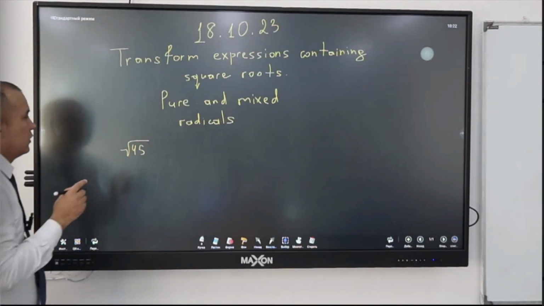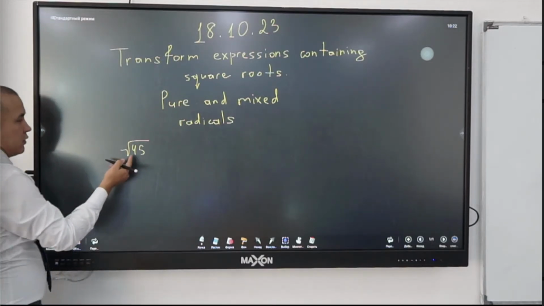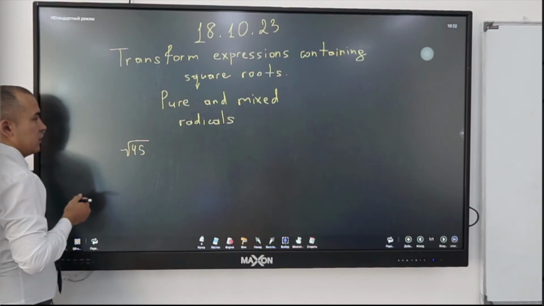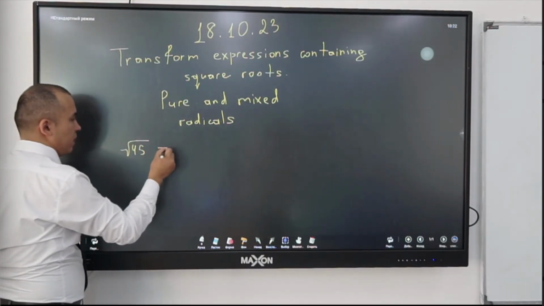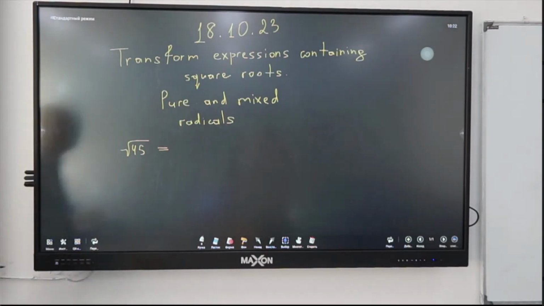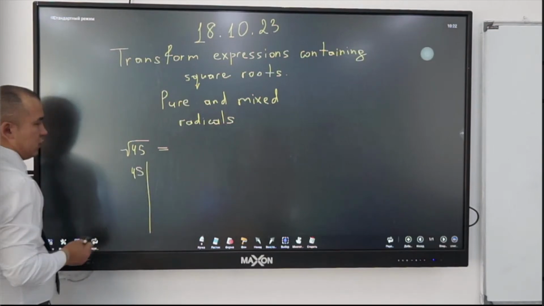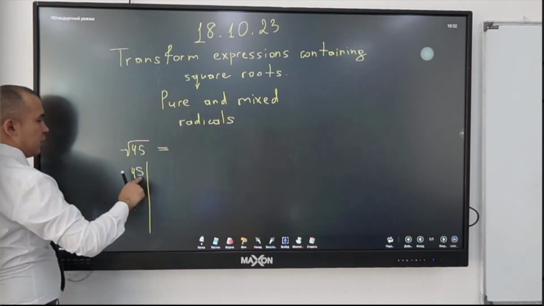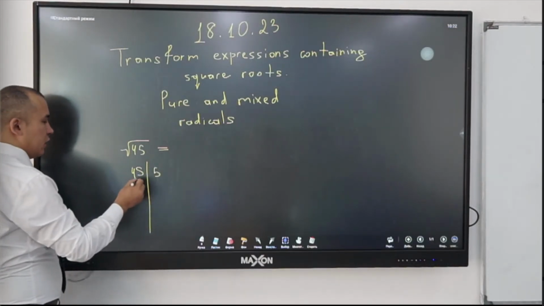We have square roots. Under the square roots is 45. Let's convert this number into mixed root. First, let's divide 45. Our last digit is 5, so we divide 45 by 5. It will be 9.